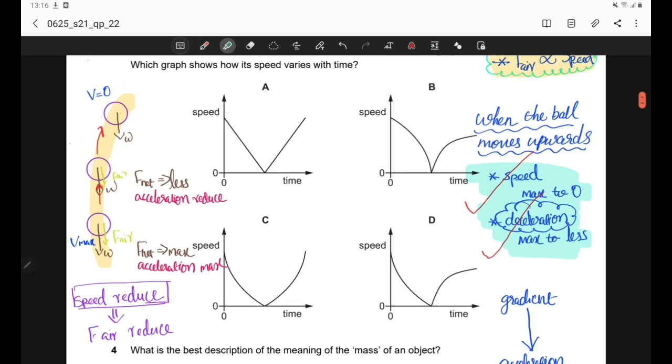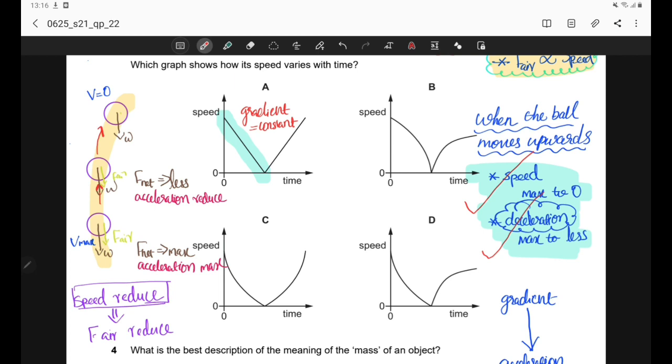So for the graph in option A, its speed is reducing from maximum to minimum, 0. So the first condition is satisfied, but when you check its gradient, which gives you an idea about acceleration, you can see its gradient or slope is not reducing, but is constant.